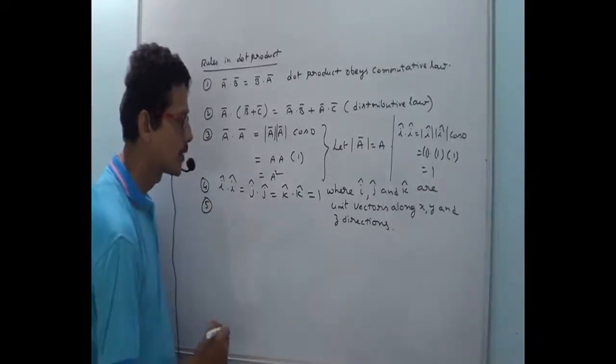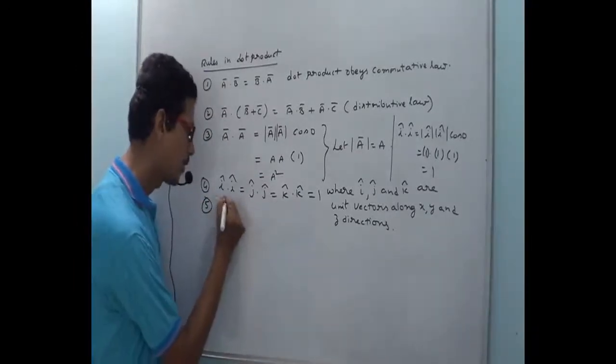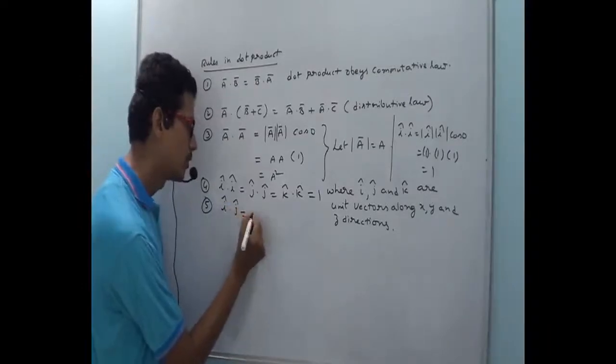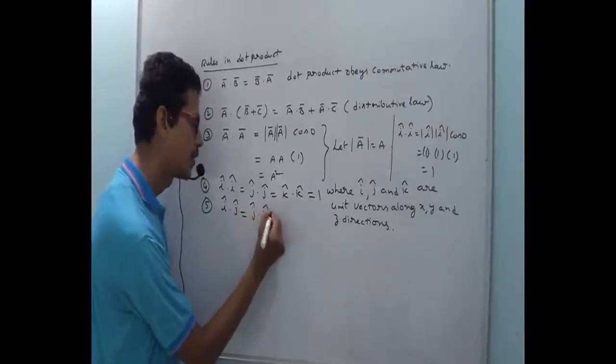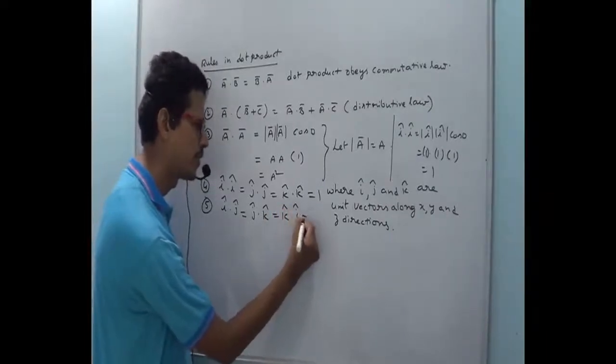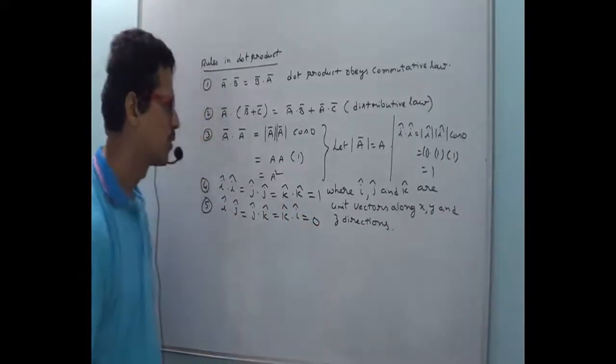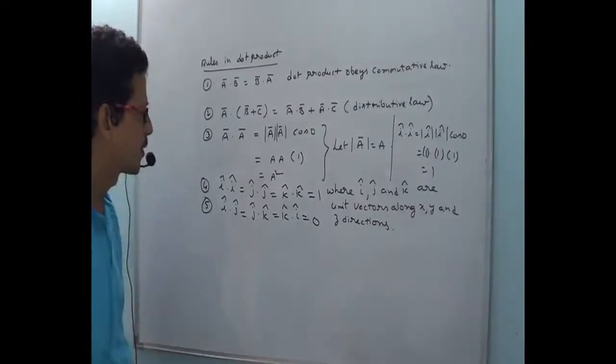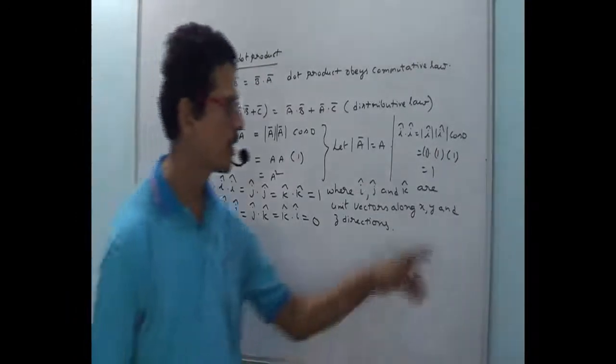Next, the fifth rule is I dot J is equal to J dot K is equal to K dot I is equal to 0. Because here you will get cos 90.